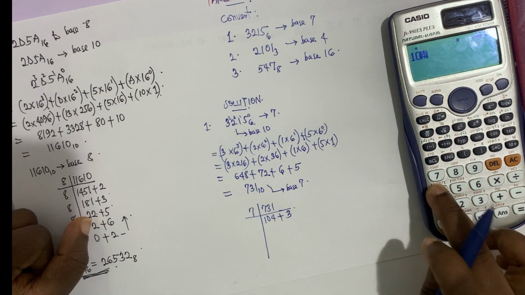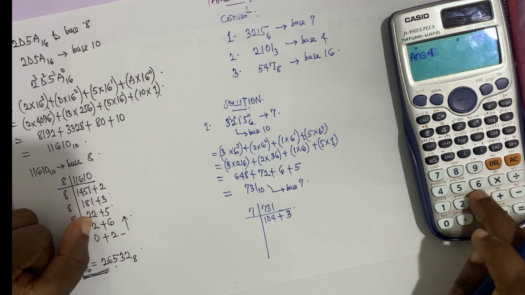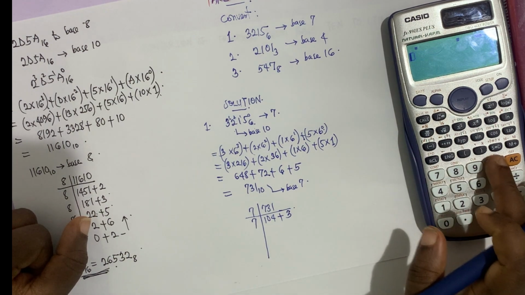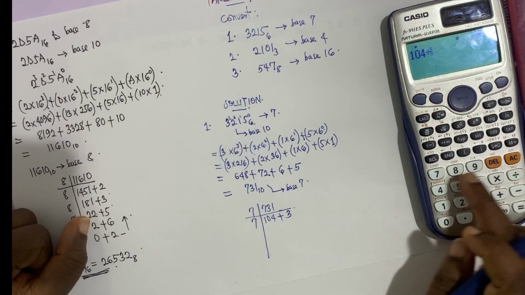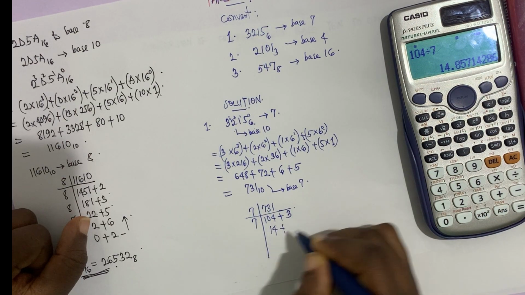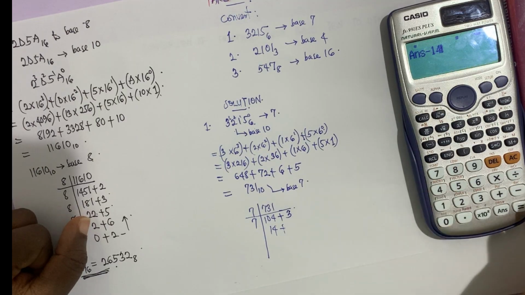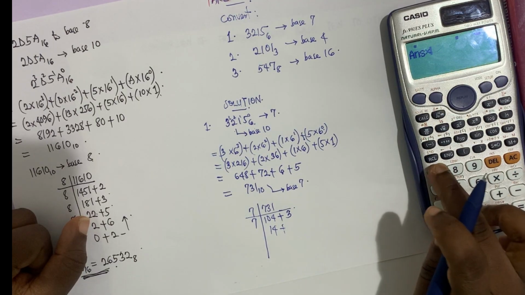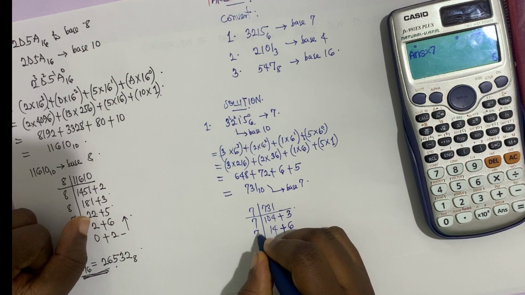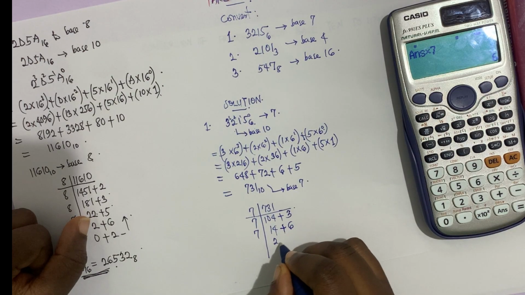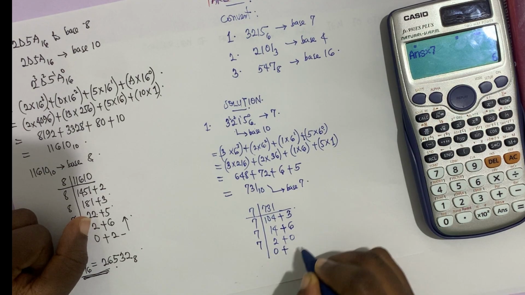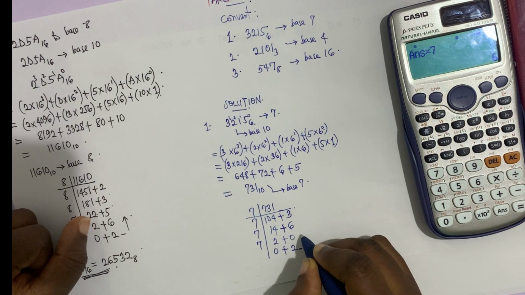So 104 times 7 plus 3 gives 731, which is correct. 104 divided by 7 gives us 14, remainder 6. 14 divided by 7 gives us 2 without a remainder. 2 divided by 7 would not go, so we get remainder 2.